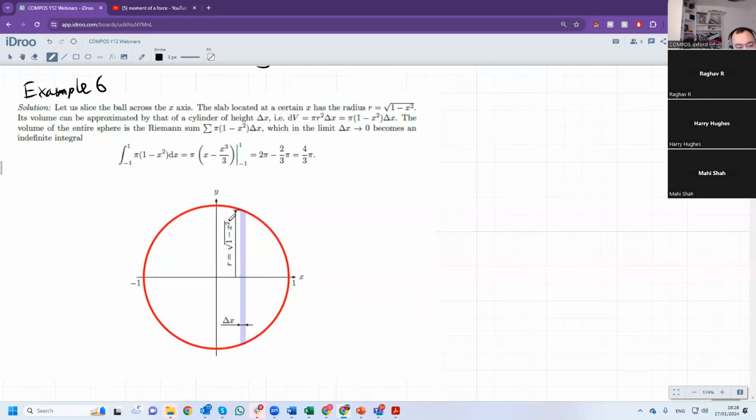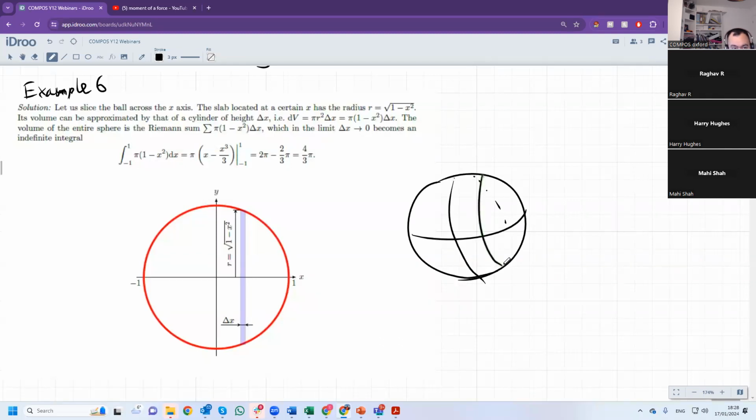So this is a sphere, and what you do is you slice the sphere. If I'm any good at drawing, let's take a slice of the sphere.